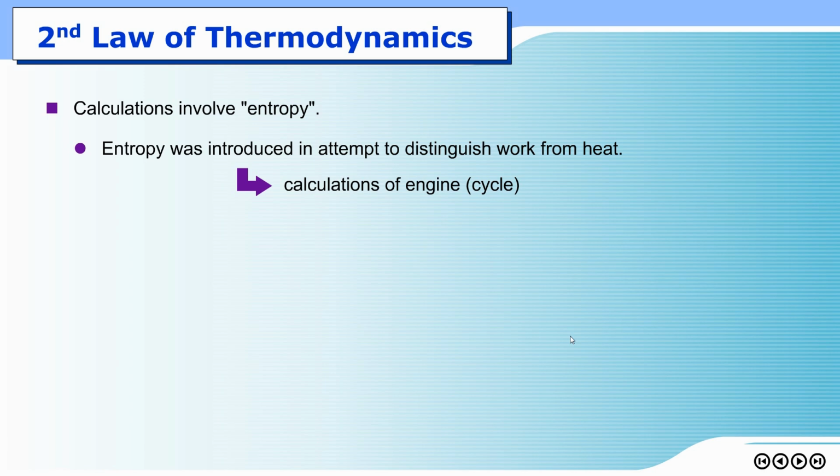We will discuss the detail of this engine together with the calculation, so that we get the definition of entropy in the next lecture, in the second part of this lecture 4a. But in a sense it was derived so that the dissipated heat can be calculated and distinguished from the work obtained by an engine.